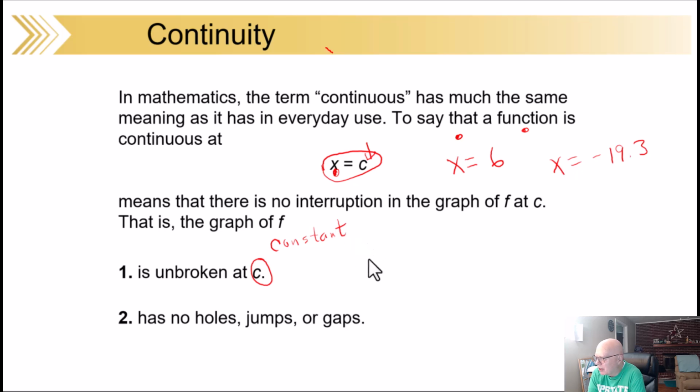So you can remember it that way. If you were in another country, they might use k, maybe because of how they spell it. Sometimes k is used. The thing is, it's unbroken. You can get from one point to the other without jumping. It has no holes, no gaps, and no jumps.